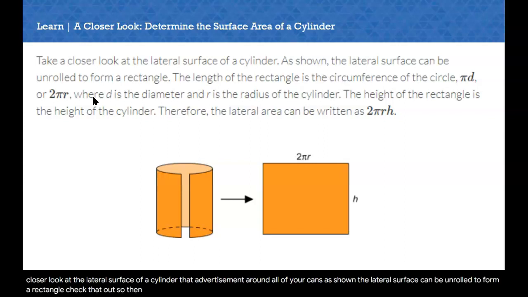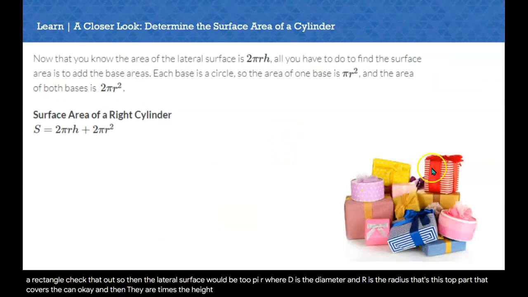So then the lateral surface would be 2 pi r, where d is the diameter and r is the radius. That's this top part that covers the can, okay? And then 2 pi r times the height. We're going to explore that to try to solve a problem together.